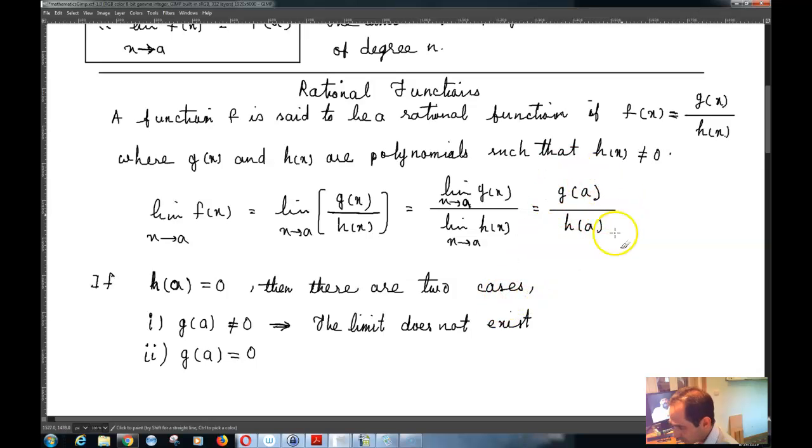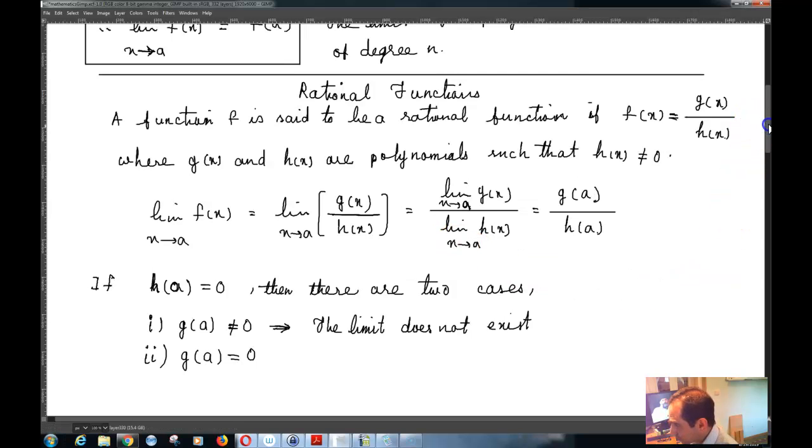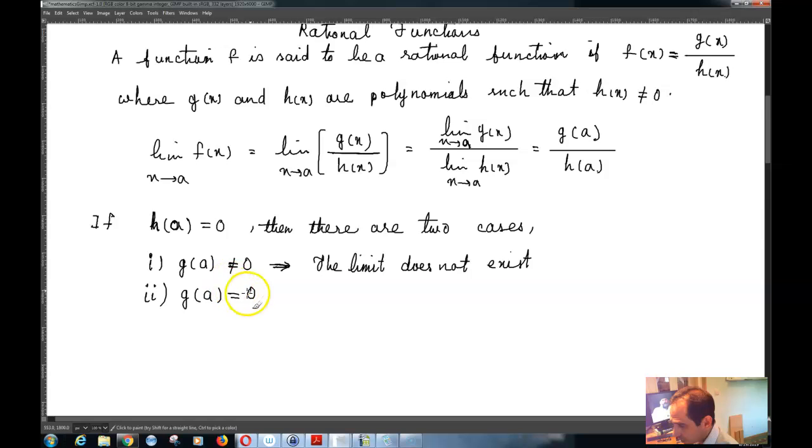This is not defined in mathematics. We say that the limit does not exist. Now if g of a is actually equal to 0, then you would be dividing 0 by 0.